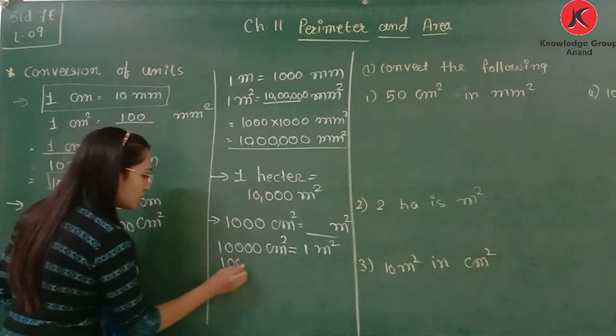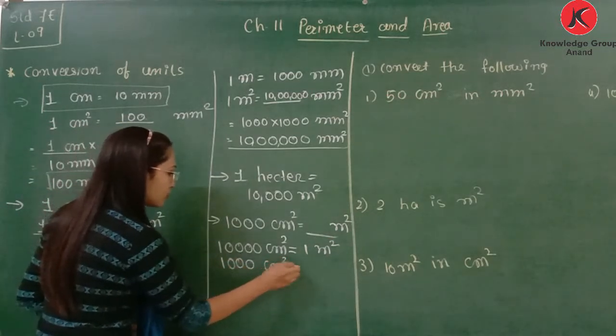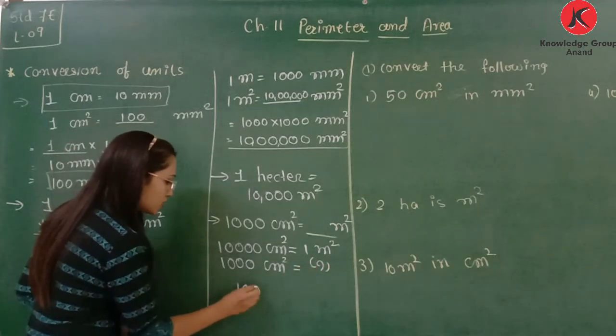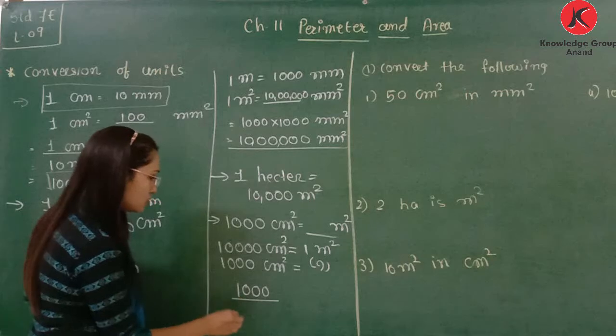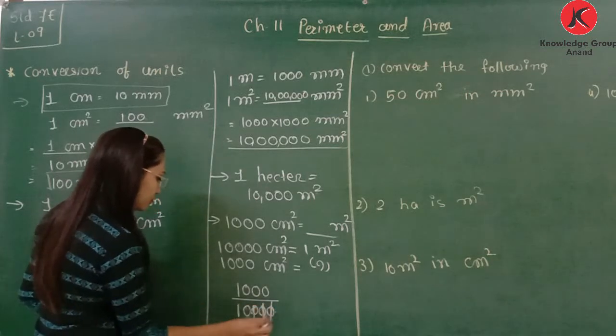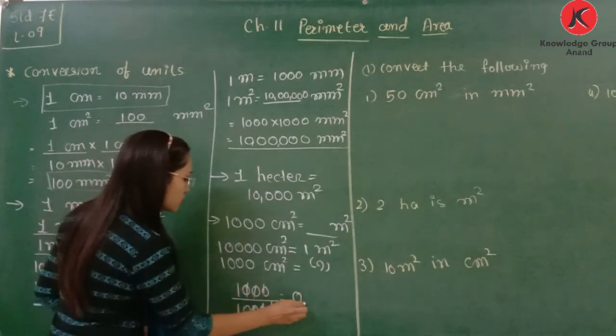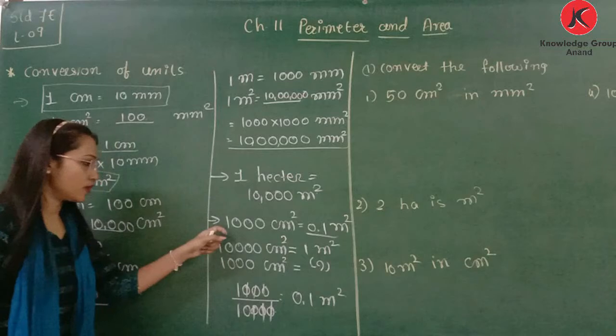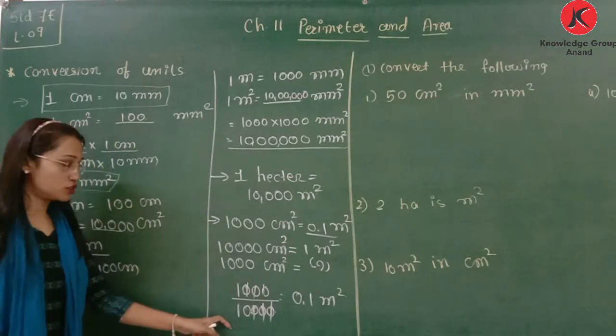So 1000 centimeters square is equal to how much? Now divide these two. So it is 1000 divided by 10,000. So the zeros will be cancelled. It is 0.1 meter square. Okay. So this way you can also derive another conversion.